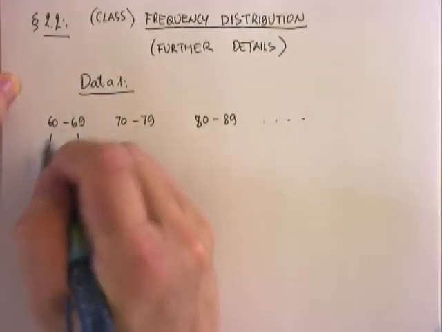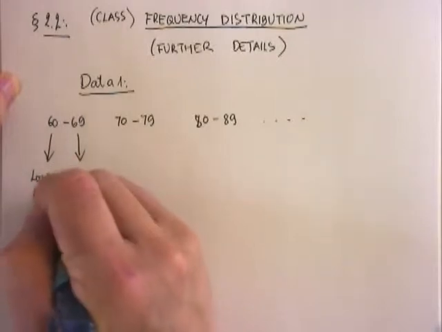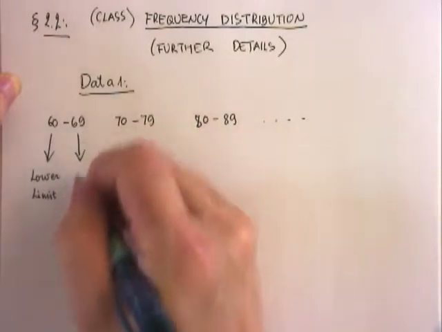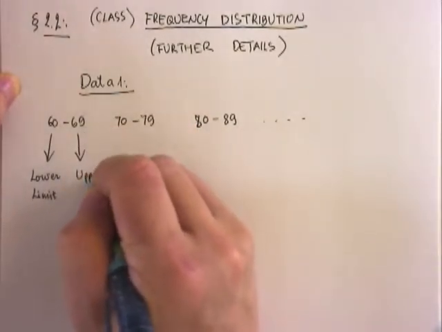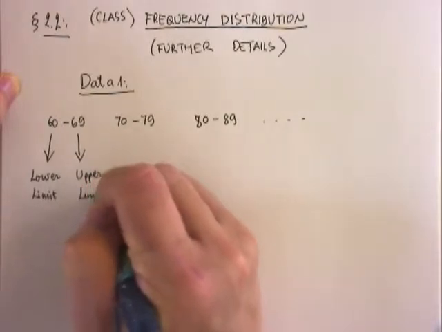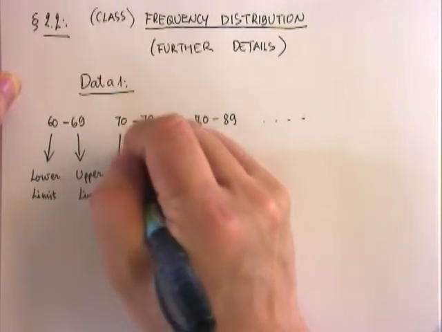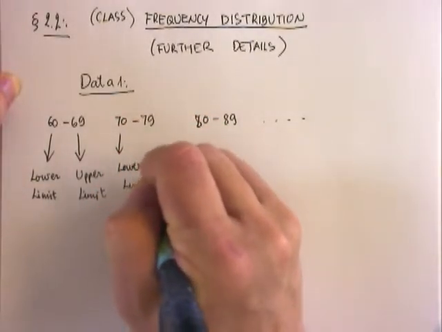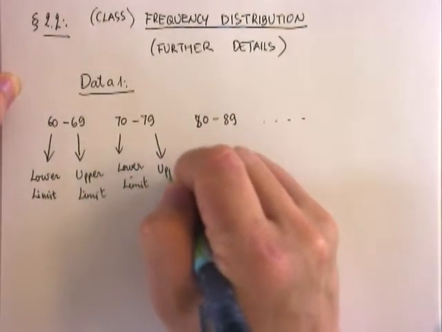More specifically, the lower number we call the lower limit of a class, and the higher value of the interval we call the upper limit.